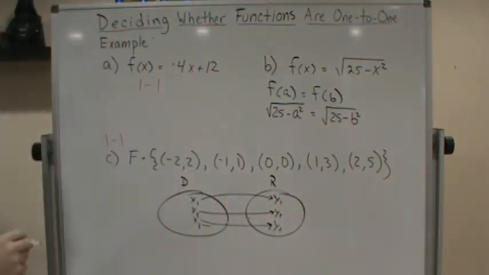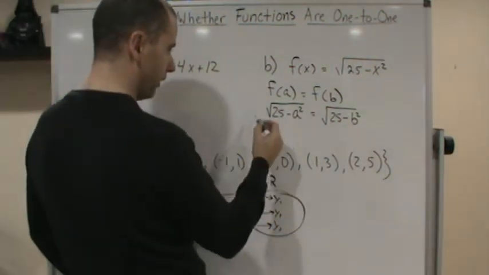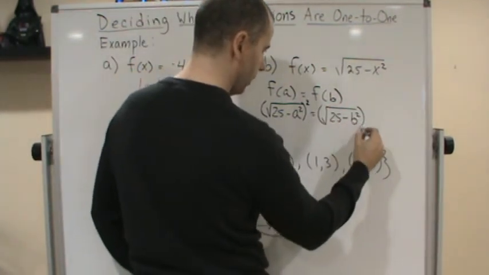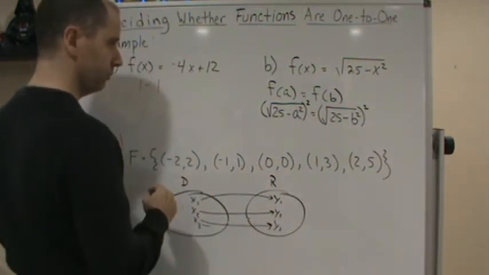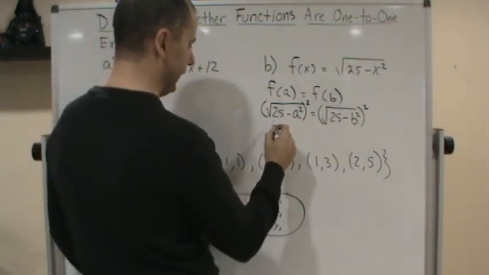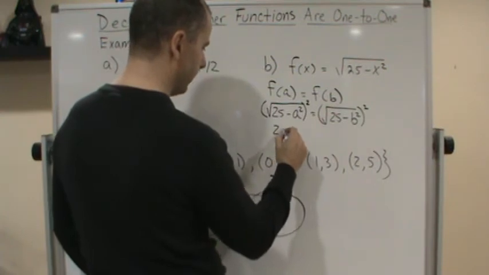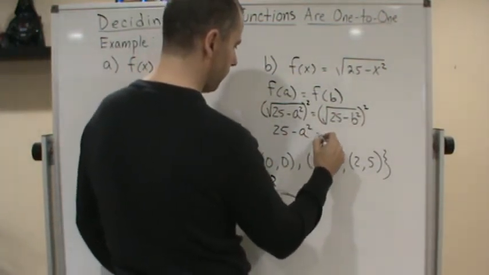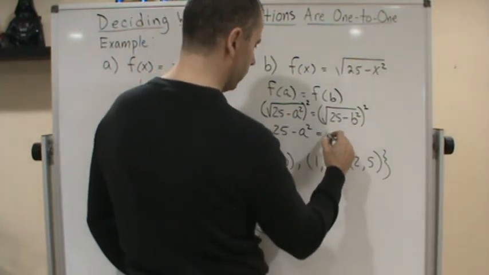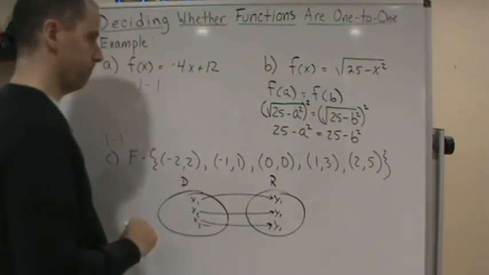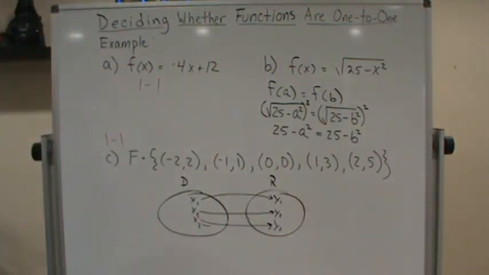And so now what I'm going to do is I'm going to square both sides, right? If I square both sides, I get rid of the square roots, using the square root property. And then what I'm going to do is rewrite this, and I'm going to get 25 minus A squared equals 25 minus B squared. So far, so good, right?